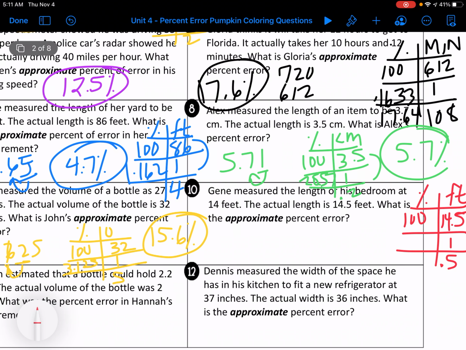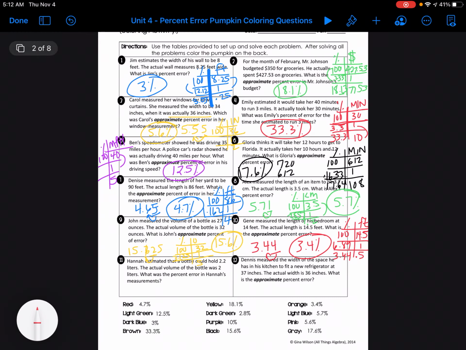So I'm going to do 100 divided by 14.5. And I get 6.89 and then a crazy decimal after it. I'm not going to clear my calculator. I'm going to multiply by 0.5. And I get 3.44, blah, blah, blah. So 3.44, the 4 tells the 4 to stay the same. So 3.4% is how much he's off by.